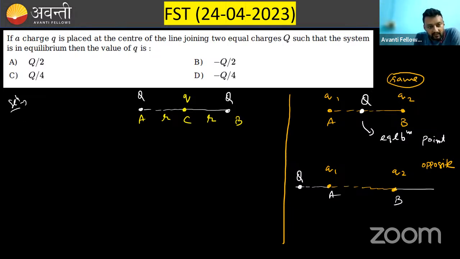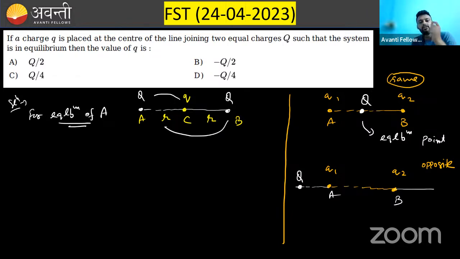So for equilibrium of A, two charges apply force: one is small q and one is capital Q. These forces must be opposite in direction and equal to each other, so I will equate them.